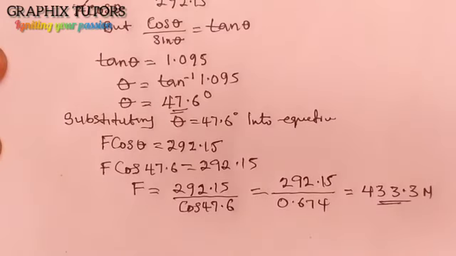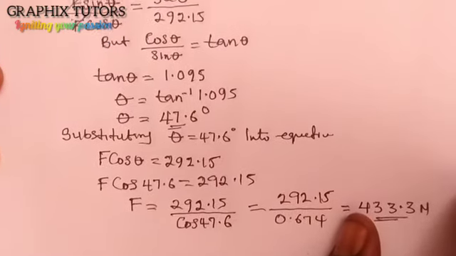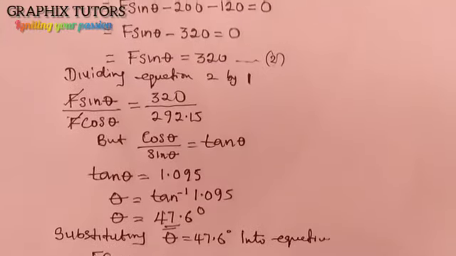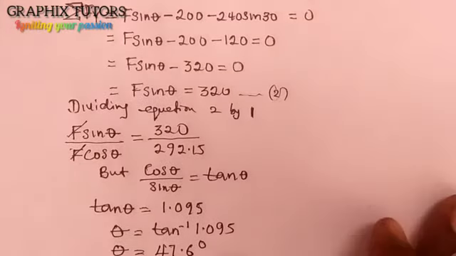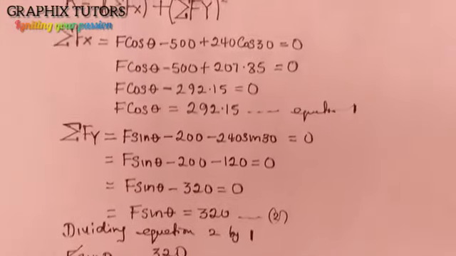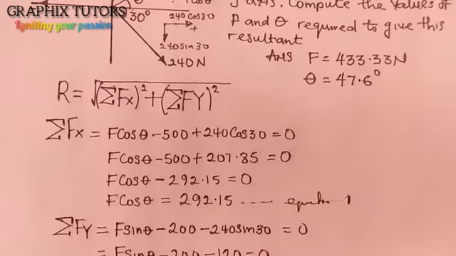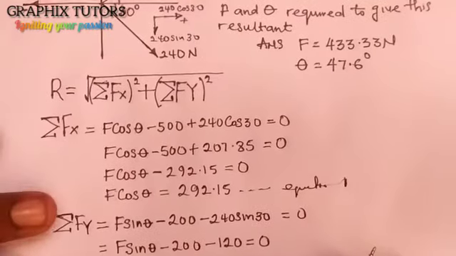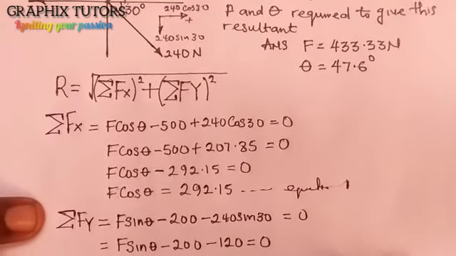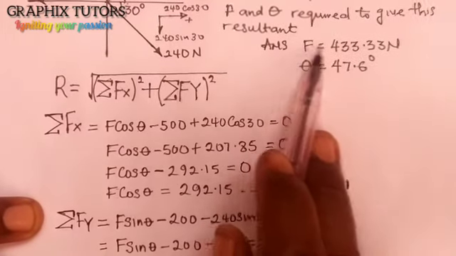That is our force. If you also put it in Equation 2, you still get the same value. So we've gotten the force and the angle for the resultant force. If you look at our question here, our answer gives us theta is this and the force is this.